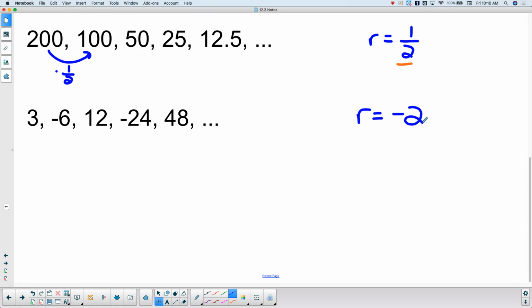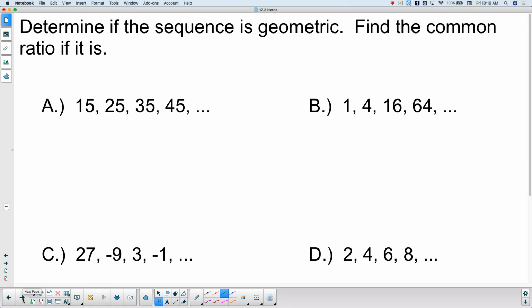So instead of 12.5 here, it would be easier for us if this was 25/2. Trust me, fractions are your friends. So, determine if the sequence is geometric. If so, find the common ratio.